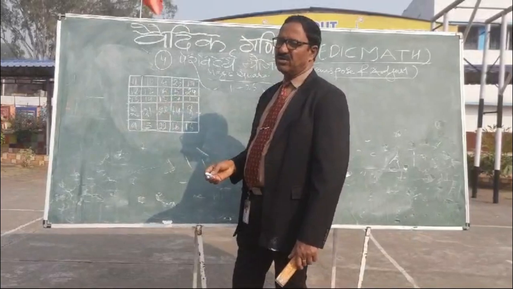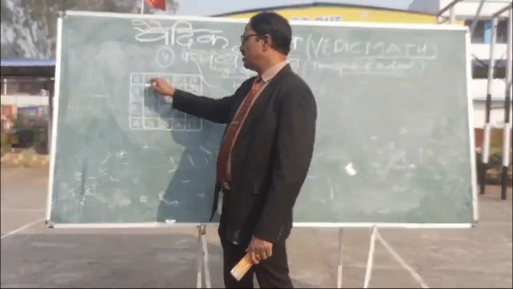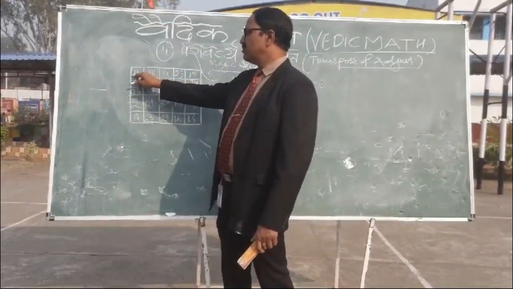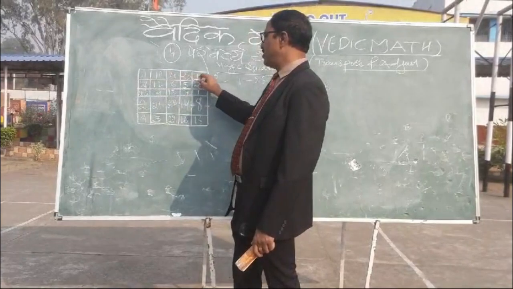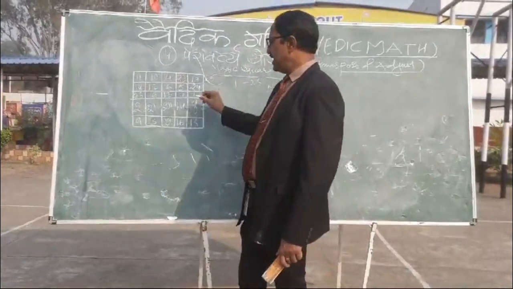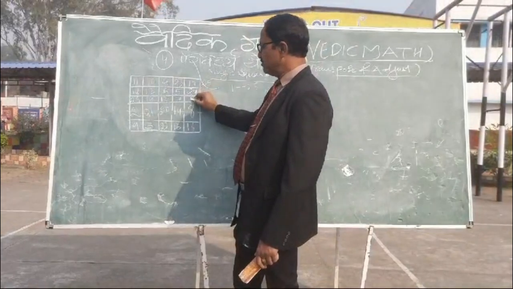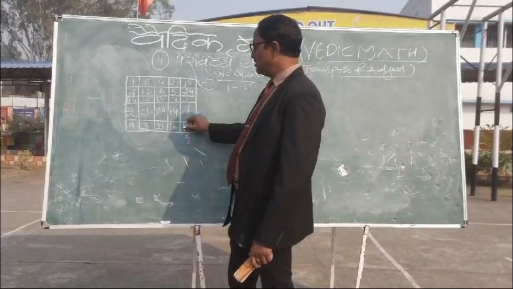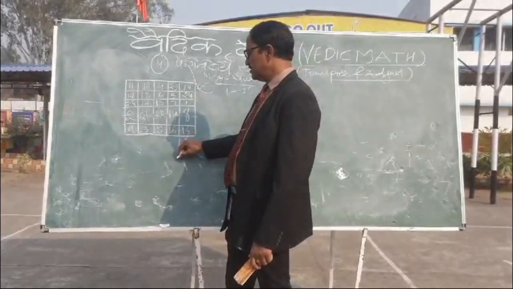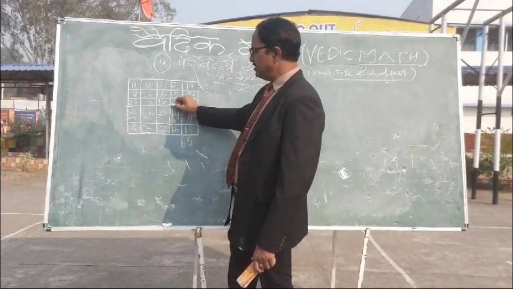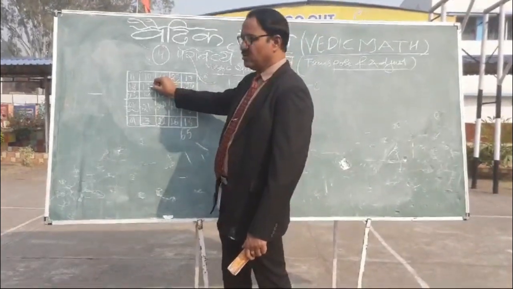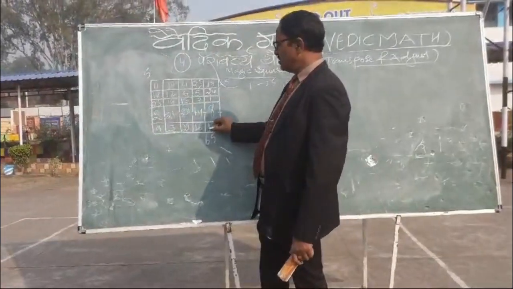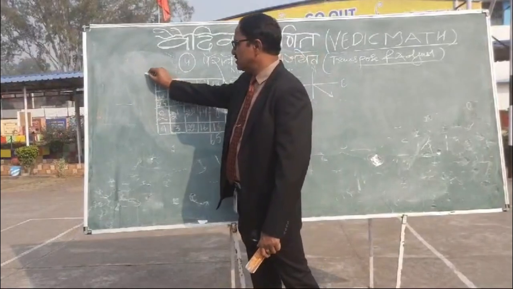What is the sum? 65. Every row, column and diagonal gives 65.